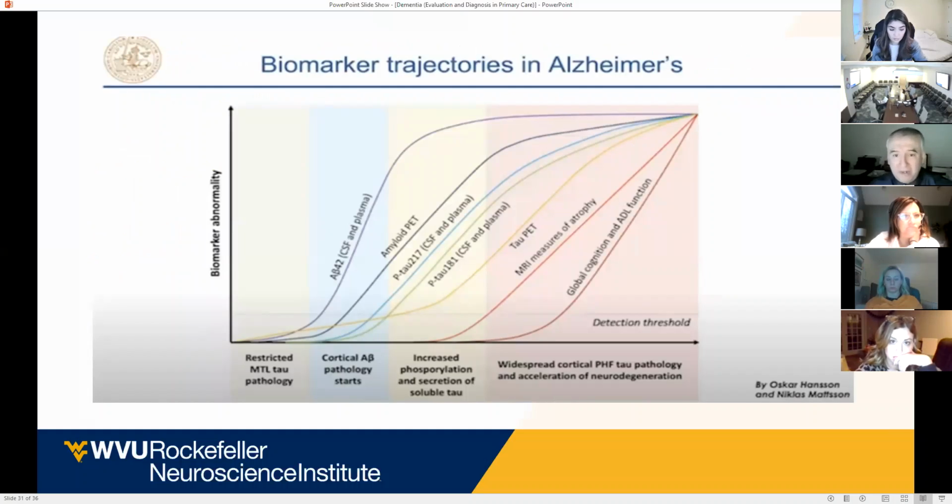I'm not going to spend a lot of time on this one, but I just want to give you an idea that the diagnosis of memory problems or Alzheimer's is a combination of different kinds of biomarkers and different imaging as well. As you see, at the initial stage of the memory problems, the beta amyloids in the CSF and probably plasma right now are going to be abnormal.